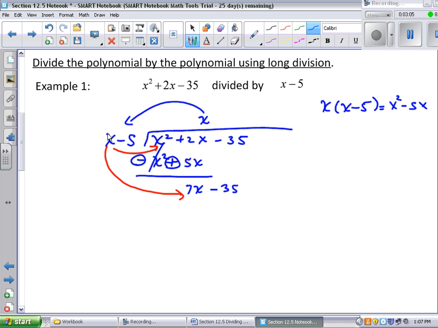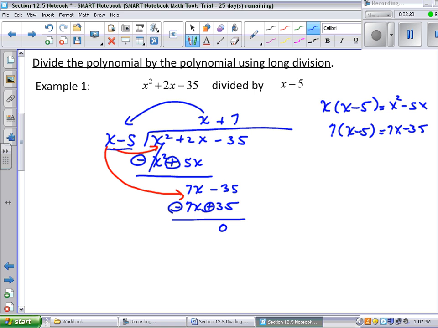Let's see, x times positive 7 makes 7x. So now I'm going to multiply 7 times the x minus 5. 7 times the x minus 5 is equal to 7x minus 35. So I'll write that right under here, 7x minus 35. And when I draw the line and change the signs, this one will have a 0 remainder.